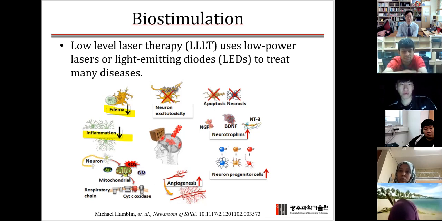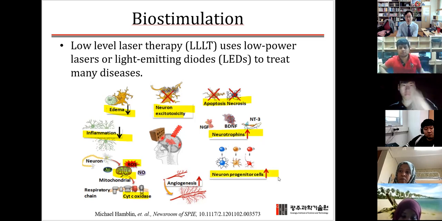And then it can generate ROS, or it can activate the cytochrome c oxidase in the mitochondria membrane. And then it can reduce neuron excitotoxicity, reduce apoptosis or necrosis, promote neurotrophins, and promote neuron progenitor cells, which means differentiating into specific neurons from the progenitor cell.